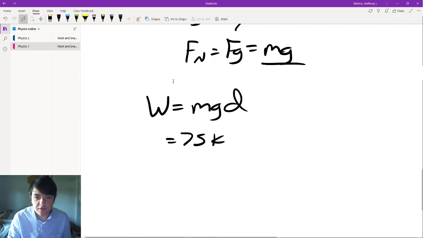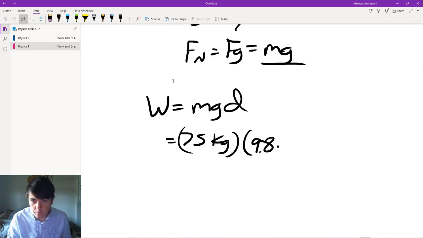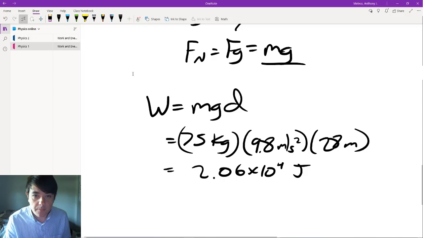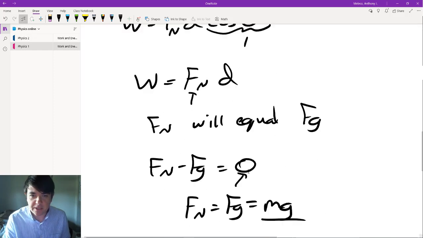So 75 kilograms, 9.8 meters per second squared, and 28 meters, which ends up being 2.06 times 10 to the 4 joules. Typically when we're dealing with work and energy, these numbers will be kind of big.